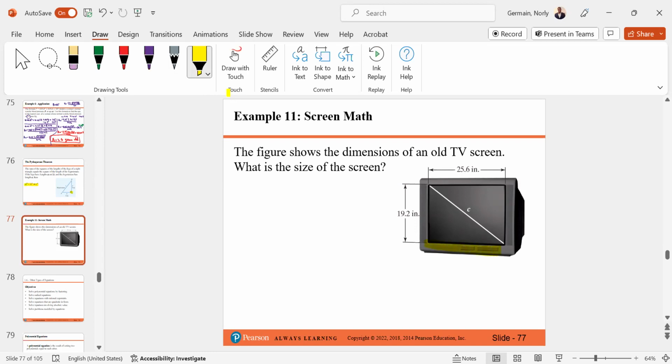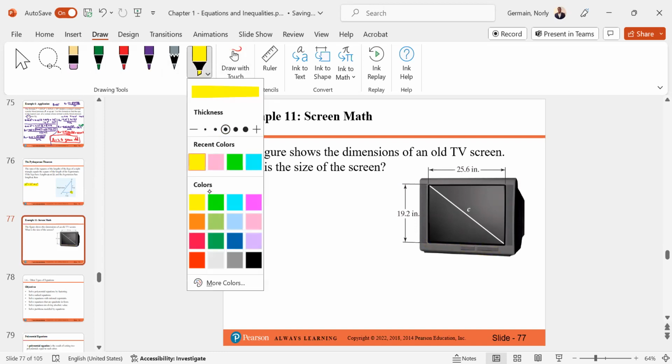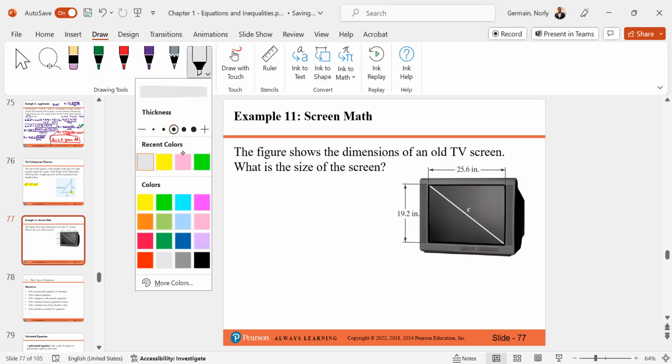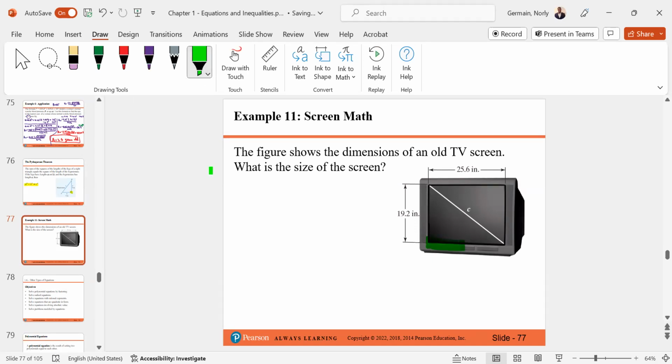Let's call this one A and this one B. You see right there, we have A equals 19.2, and we have B equals 25.6.